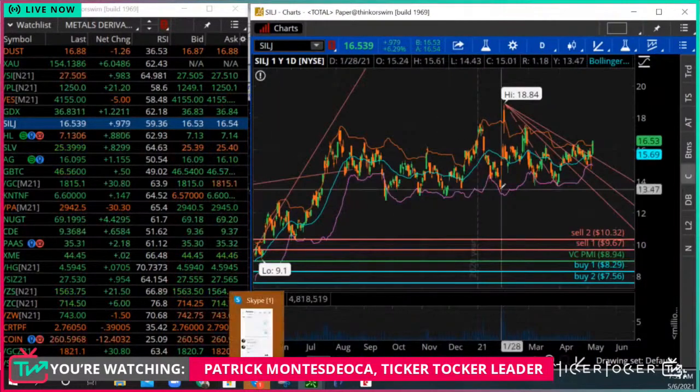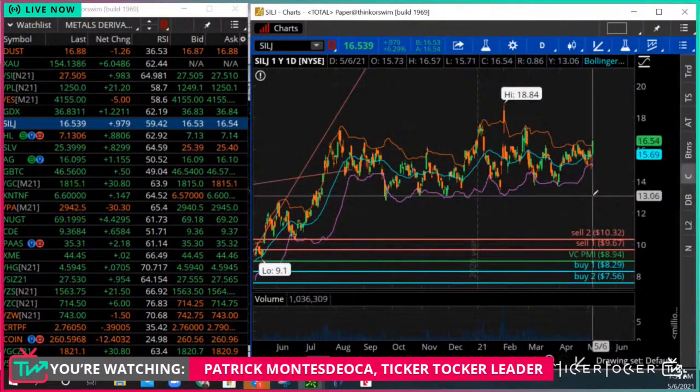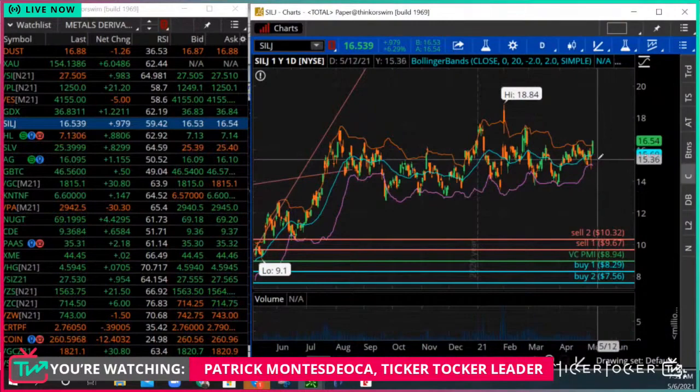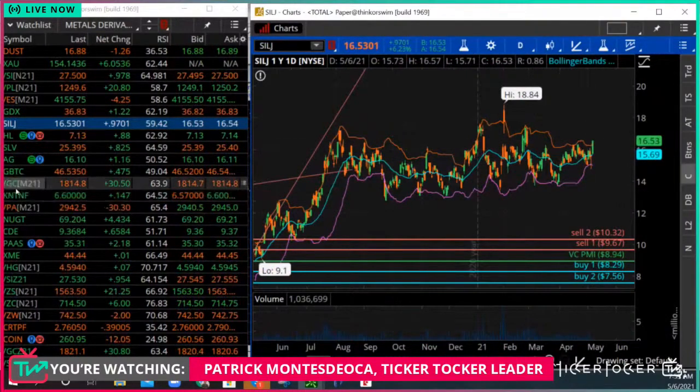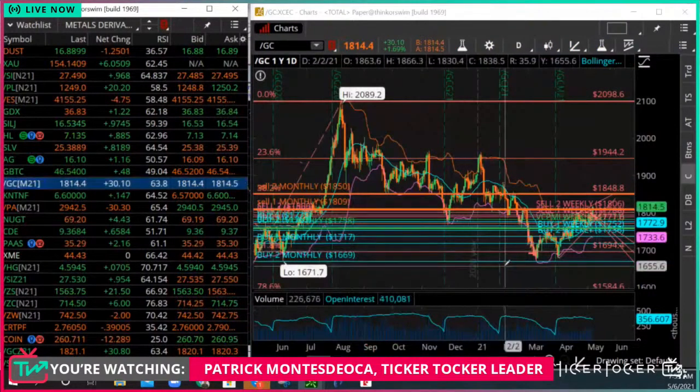All the charts look like a breakout is occurring, even on the derivatives. So it's bringing in the derivatives as well on this move, which is broadly supported.